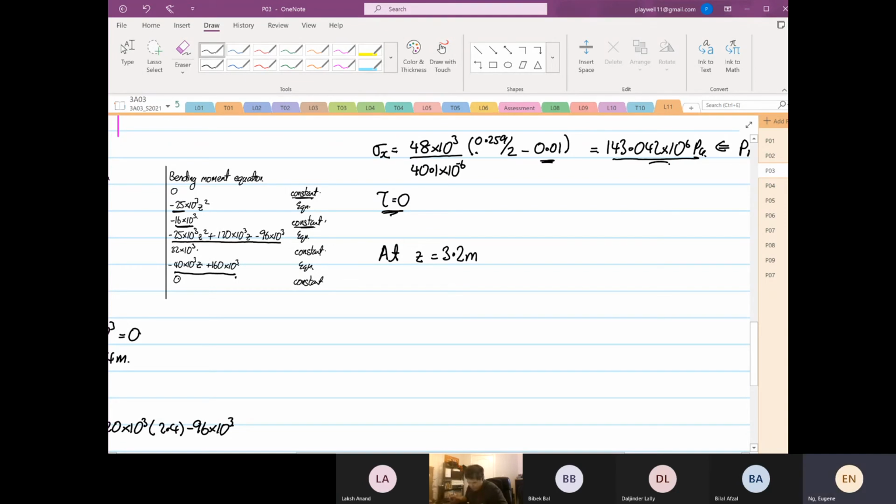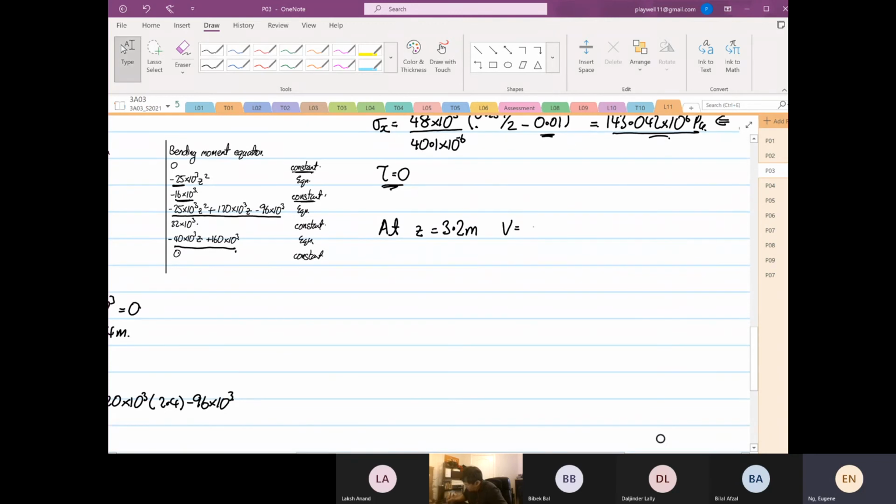Then you have to consider your shear force is equal to minus 40 times 10 to the power 3 Newton, and your moment at that stage is going to be 32 times 10 to the power 3 Newton meter.